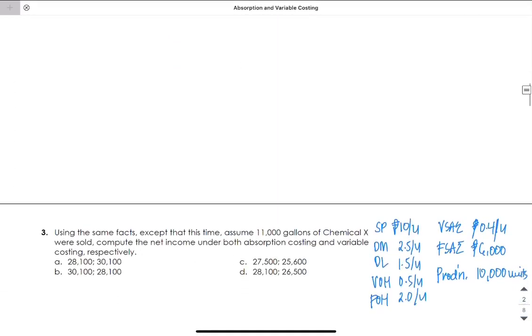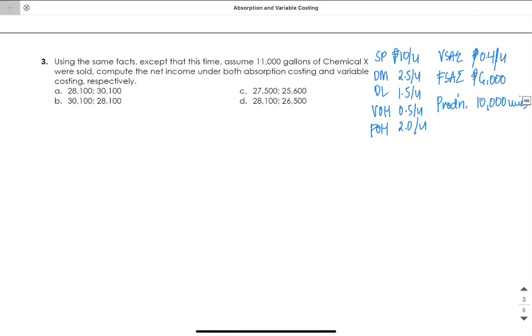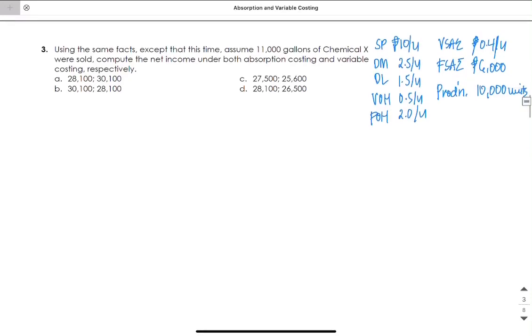Of course there is another question. Number 3, using the same facts except that this time assume 11,000 gallons of chemical X were sold. How would this happen if it's the first year of operations?